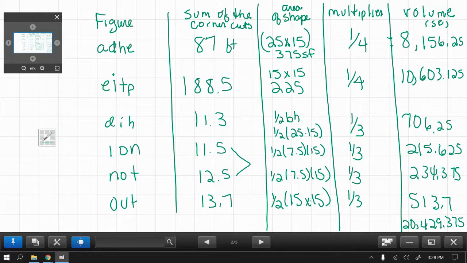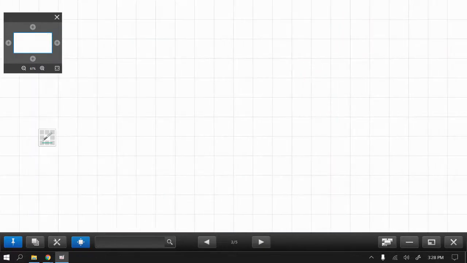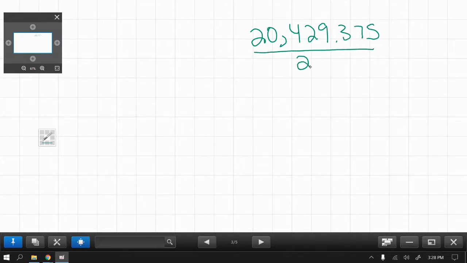So I take my total, and my answer would be cubic yards.